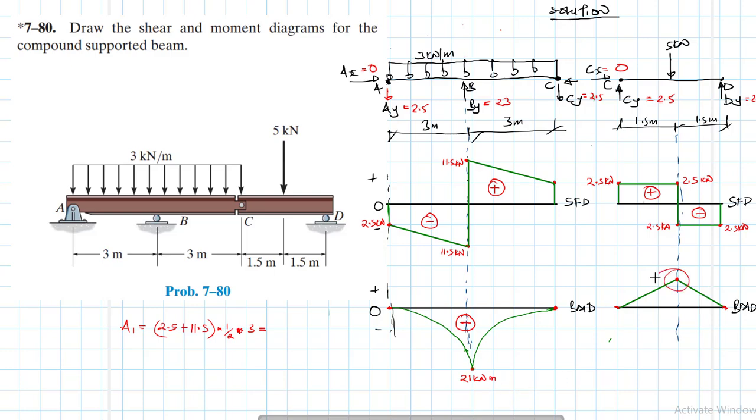Let's find this one. It's the same thing also that we are going to do. So the area for, we are just going to use this one. The area under the shear diagram gives us the moment. So that one is, let's call it area. Area is going to be equal to 2.5 times the length, which is 1.5. This is rectangular. So 2.5 times 1.5. This gives us a 3.75.